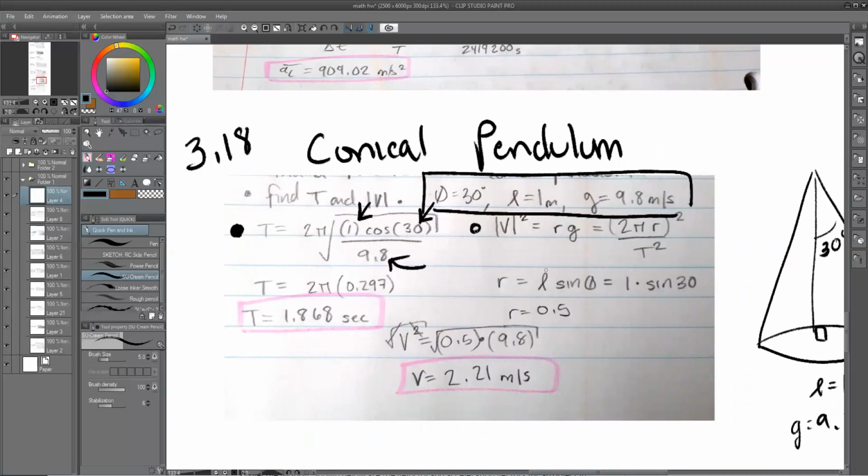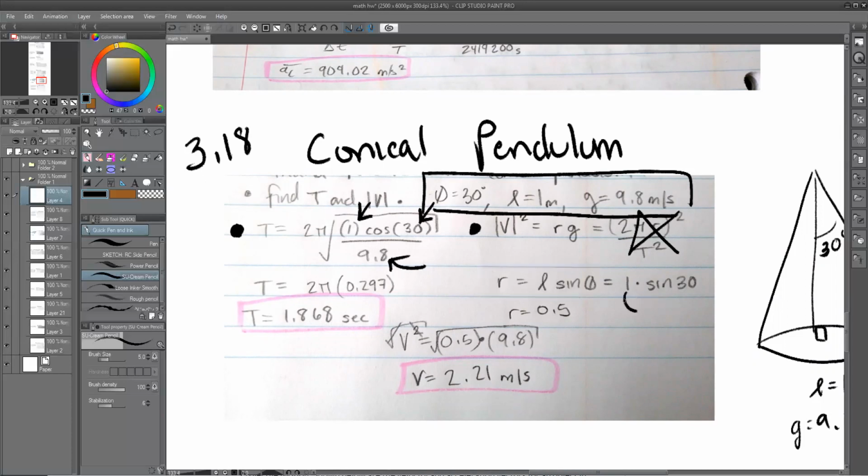The velocity is the second part of the problem, and this is also specific to the conical pendulum. It can be solved knowing that the velocity squared is equal to the radius times gravity, which is equal to 2 pi r squared over t squared. So we don't really need this part of the equation. We can use this equation to solve for r.